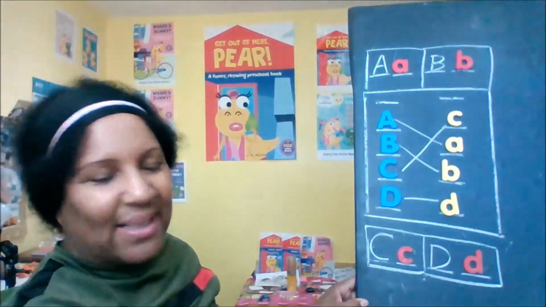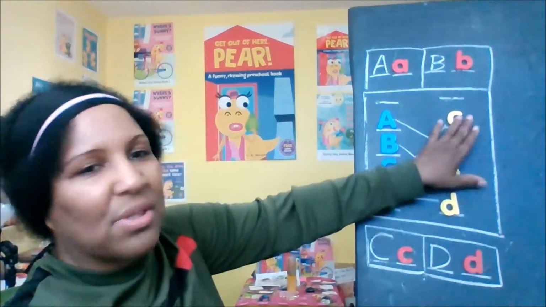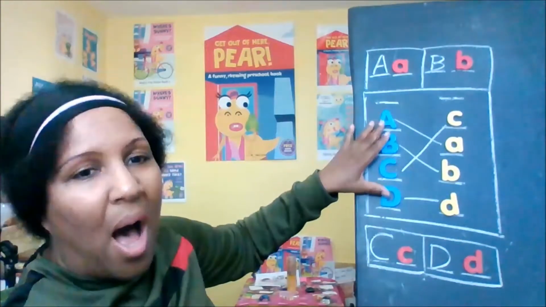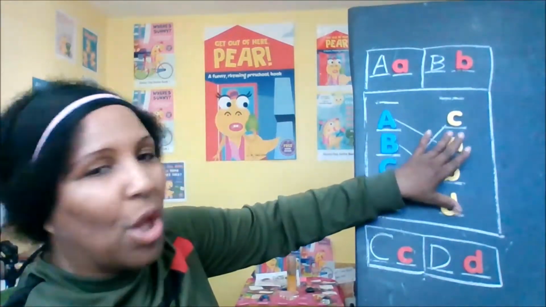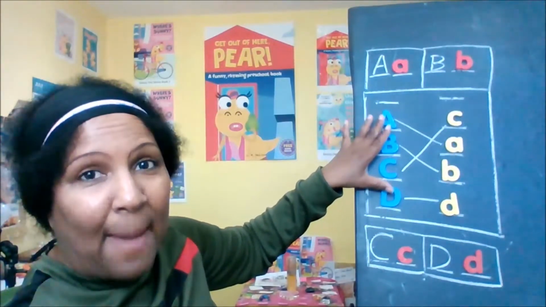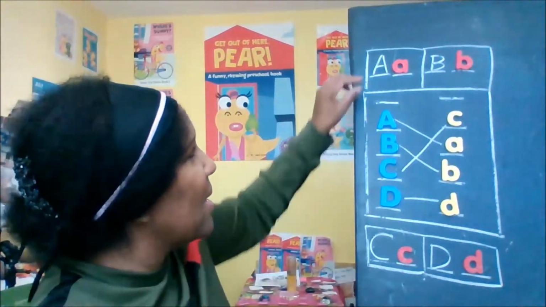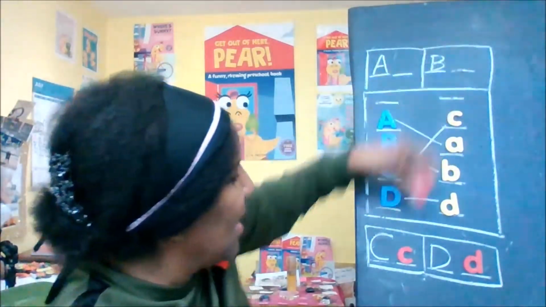Ta-da! We did it. These are the capital letters. These are the small letters. Uppercase letters, lowercase letters. And did I say capital? Big letters, small letters.